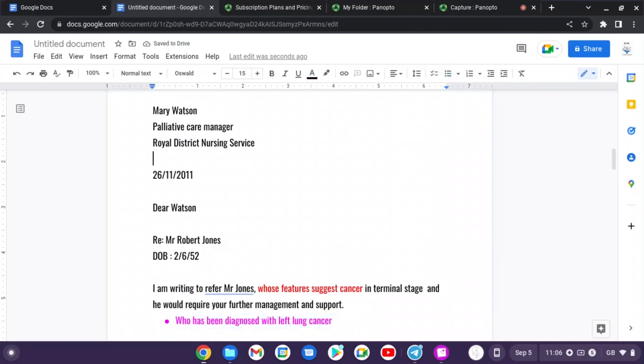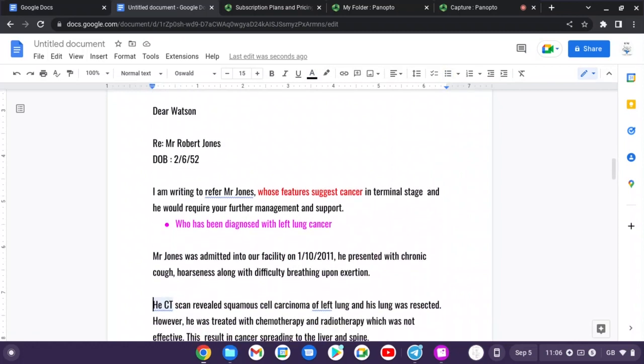Moving forward to the next paragraph. In the second paragraph, the writer mentioned that Mr. Jones was admitted into our facility on 1st 10, 2011. He presented with chronic cough, hoarseness along with difficulty breathing upon exertion. That's good, you're starting with the patient being admitted.